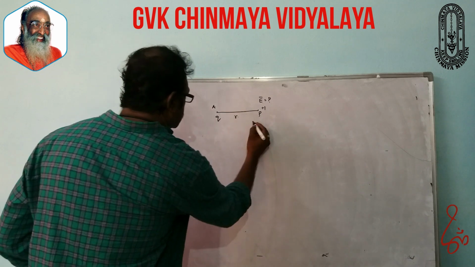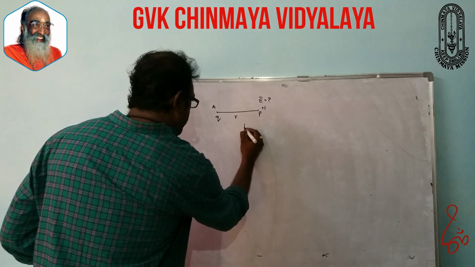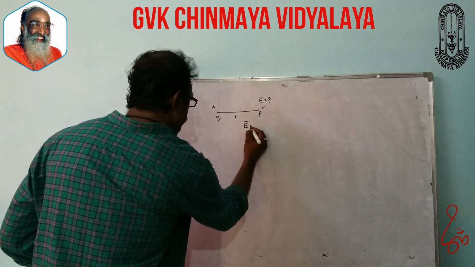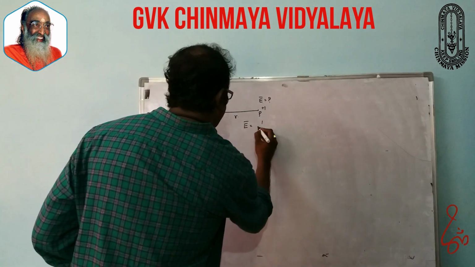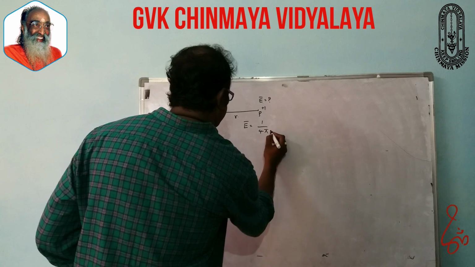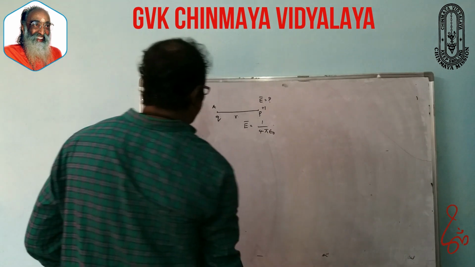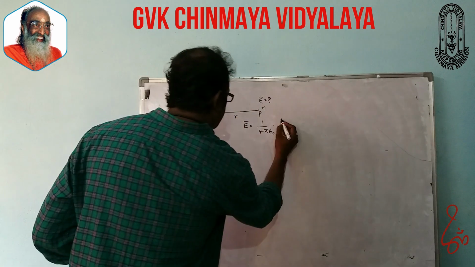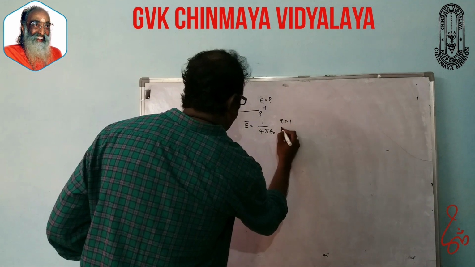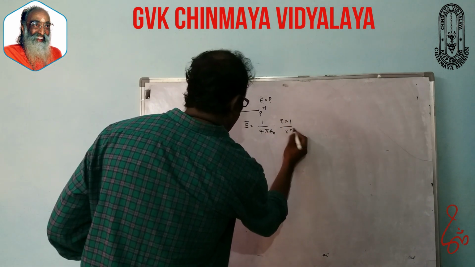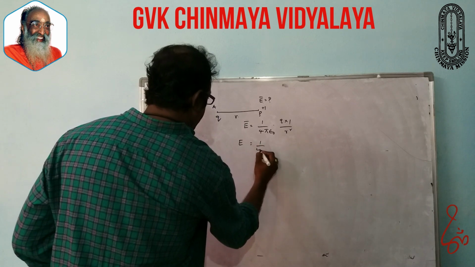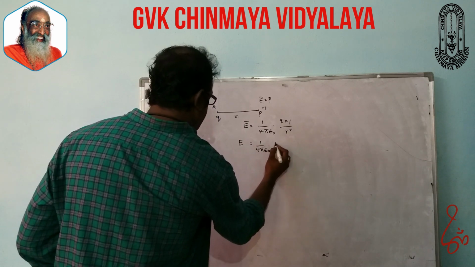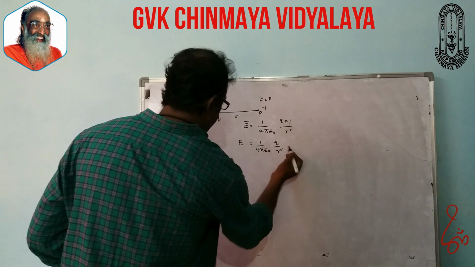It is 1 by 4 pi epsilon naught, Q and 1, and the distance between them is R square. So E is equal to 1 by 4 pi epsilon naught Q by R square.